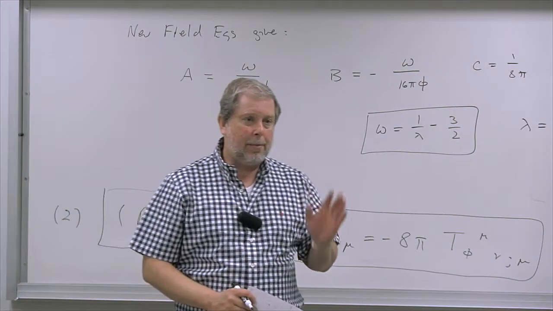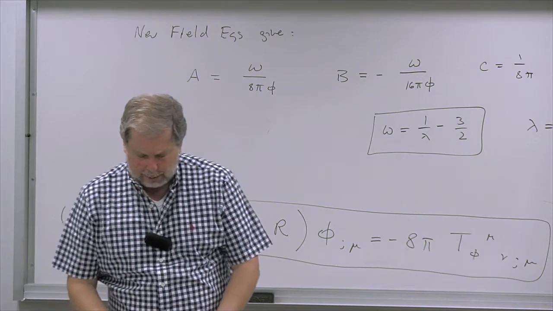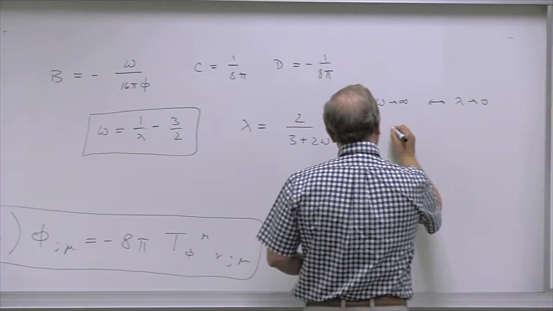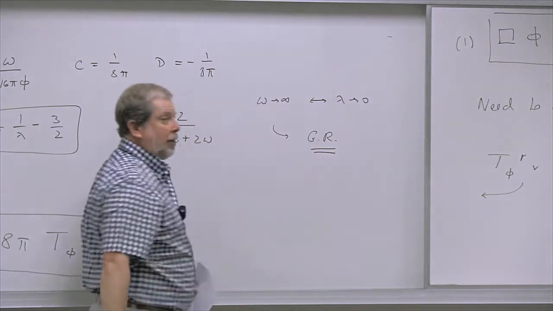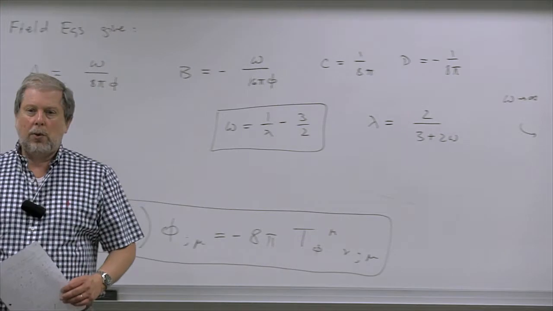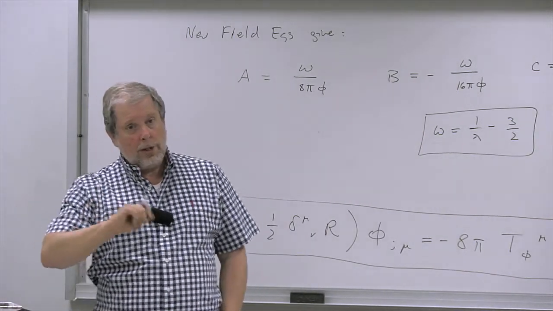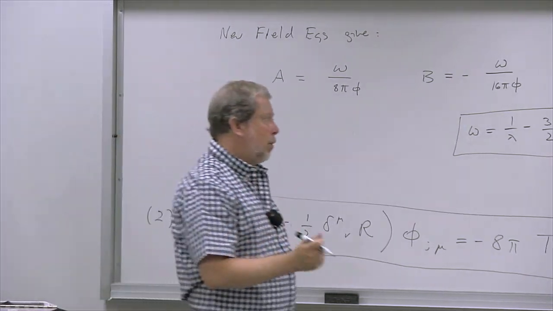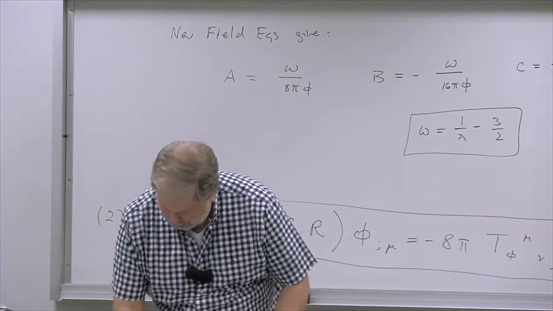It just disappears. It has its own life, decoupled from general relativity. So as lambda goes to 0 or omega goes to infinity, we get back ordinary Einstein general relativity. So you have this new parameter, and as you vary it, you deviate from the original Einstein theory, and in the limit in which omega goes to infinity, you fall back into the original theory.